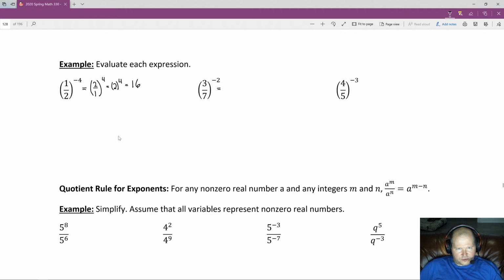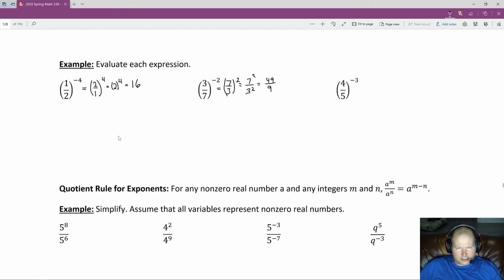Okay, so let's try this one. Now in this case, we're saying 3 over 7 to the negative 2nd power. Well, again, we'll flip it, so now it's 7 over 3 to the positive 2nd power. And now we just attach it to both the numerator and the denominator, so we end up with 7 to the 2nd over 3 to the 2nd, and that gives me 49 over 9.